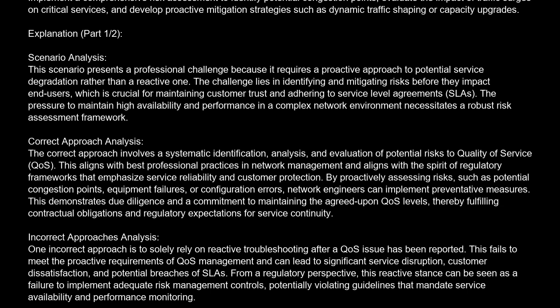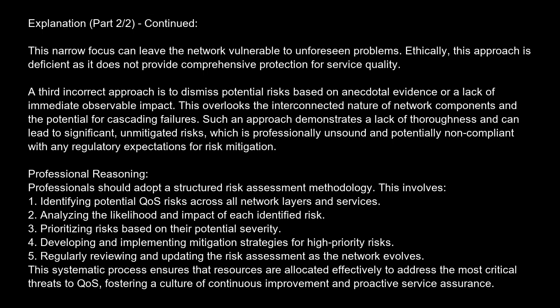Another incorrect approach is to focus only on the most visible or frequently occurring issues without considering less frequent but potentially more impactful risks. This narrow focus can leave the network vulnerable to unforeseen problems. Ethically, this approach is deficient as it does not provide comprehensive protection for service quality.